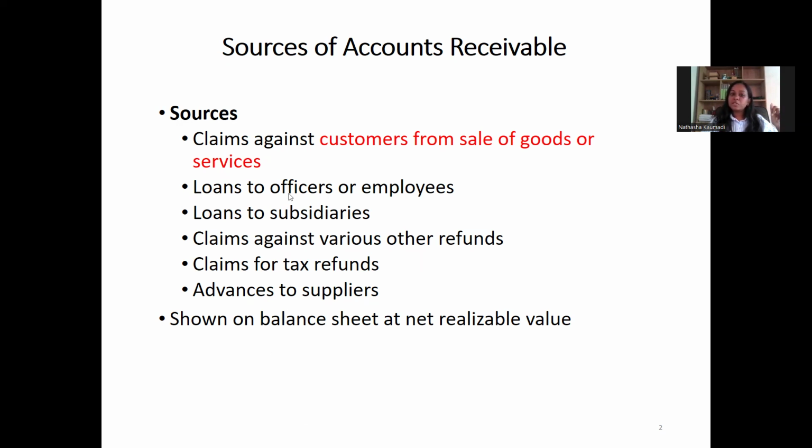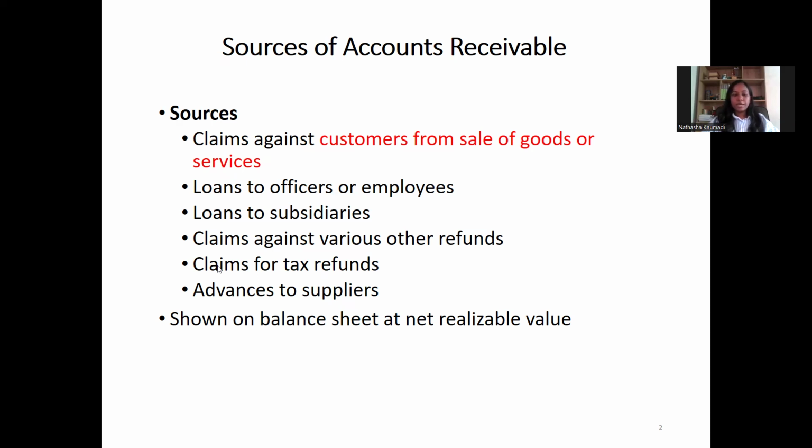Those are the main sources you can usually see in a statement of financial position. Not all these sources will be available when you are doing an audit, but unless the company is not doing credit sales, most of the time you will definitely find trade receivables.